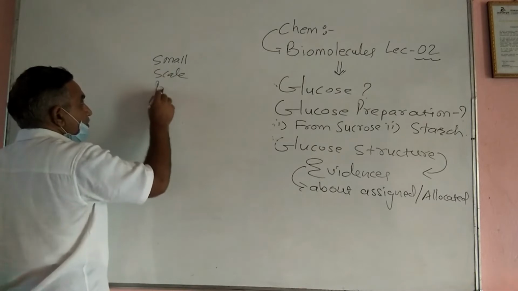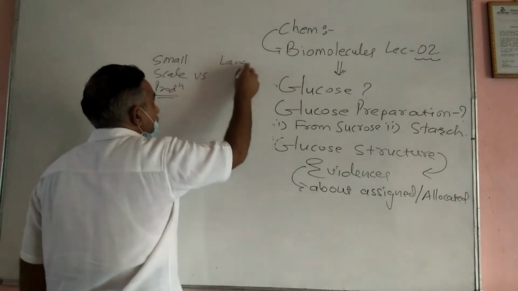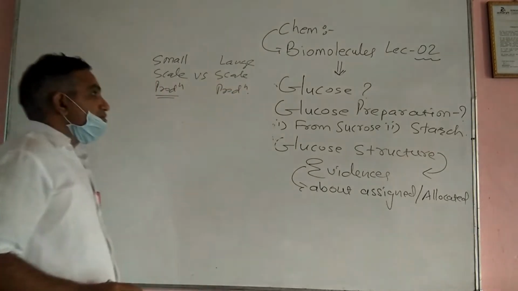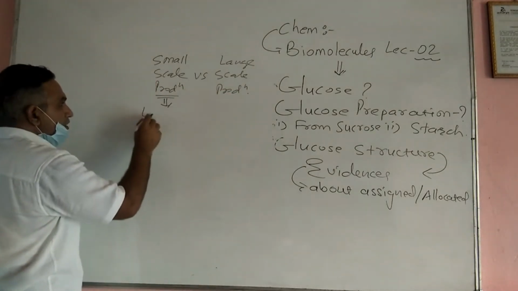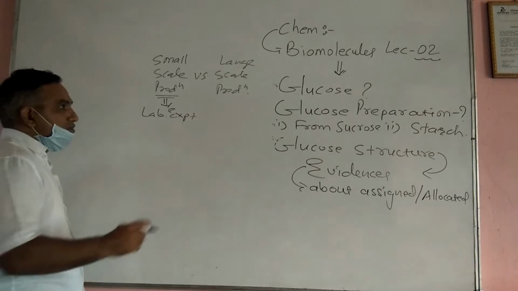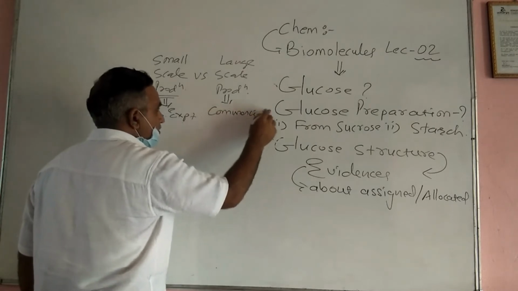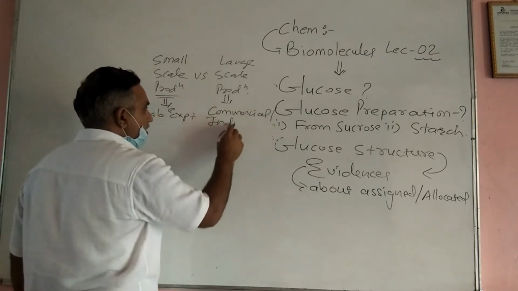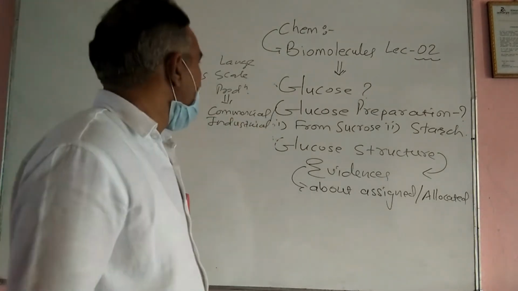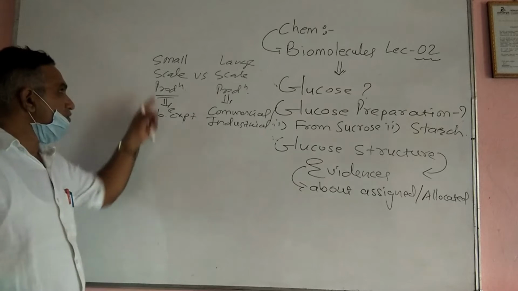Small scale production is a laboratory experiment you have to perform. The commercial method is the industrial application. Whenever you want to produce glucose in large amounts, you go by this way, and for small amounts, you go by this way.